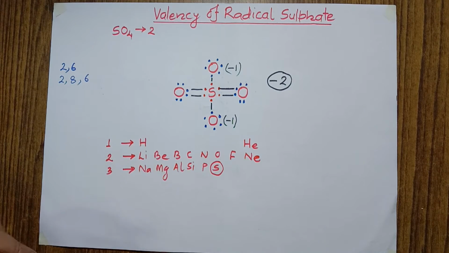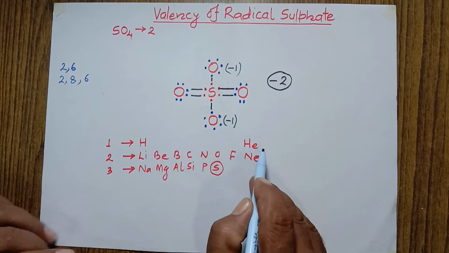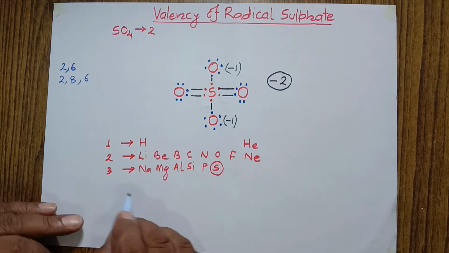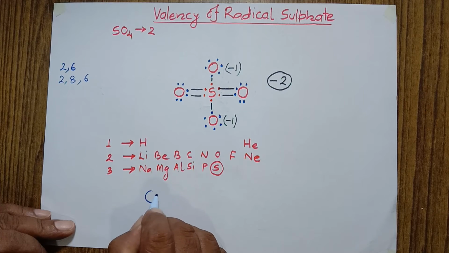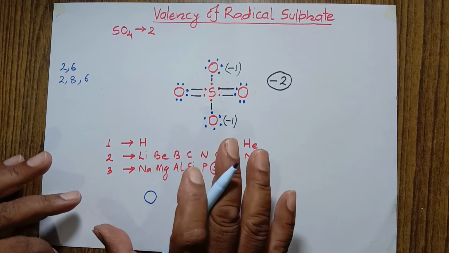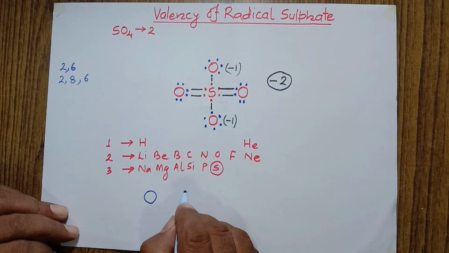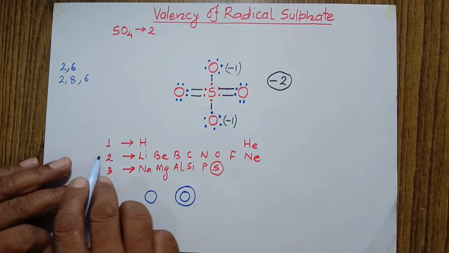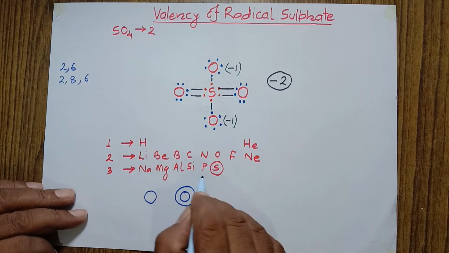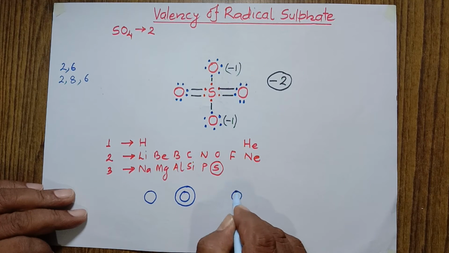And for your information, you have to remember that in the first period there are two elements. They have only one shell. But the elements of the second period contain two shells in their atoms, and elements of the third period contain three shells in their atoms.